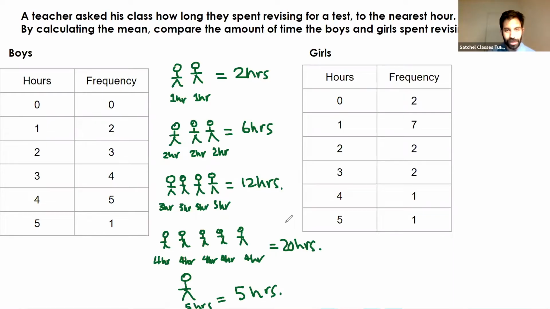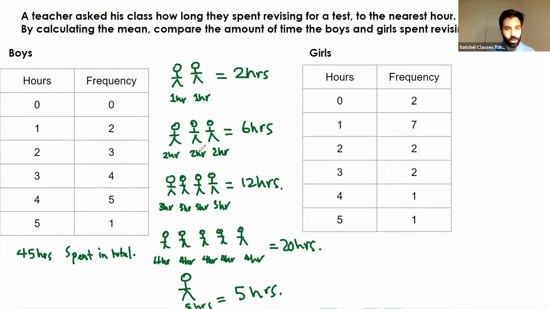So to find the mean, we would have to add up all of these values, or the total number of hours spent. So the total number of hours spent is going to be 2 plus 6 is 8, plus 12 is 20, plus 20 is 40, plus 5 is 45. So 45 hours spent in total. Now, how many students were there in total?